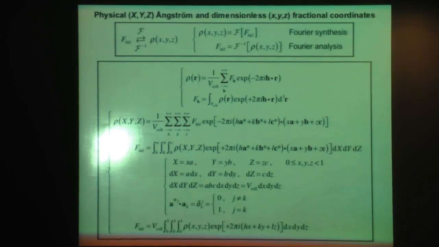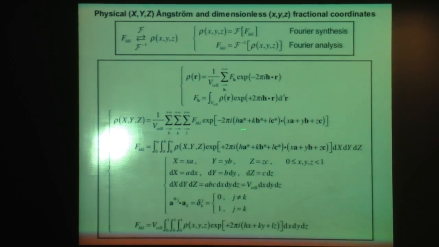So then we write it out this way. Okay? Then this expression becomes the product of the h part. Well, we expand it, vector h becomes h a star plus k b star plus l c star. Okay? Then that's dotted into this vector r, which is xa plus yb plus zc.